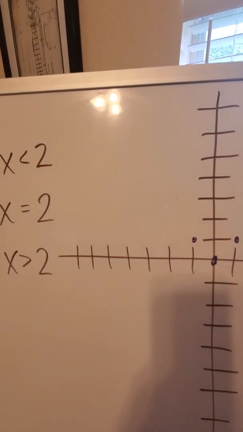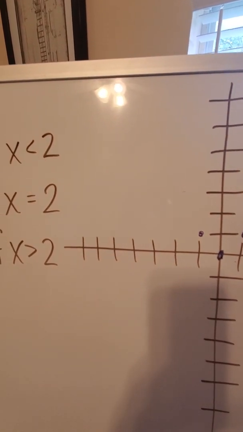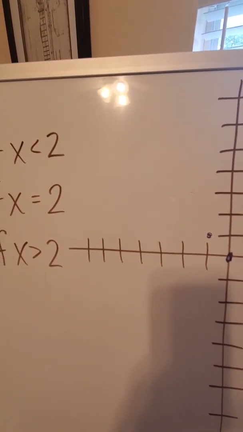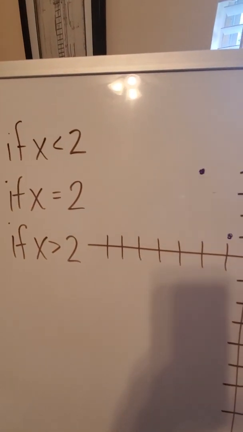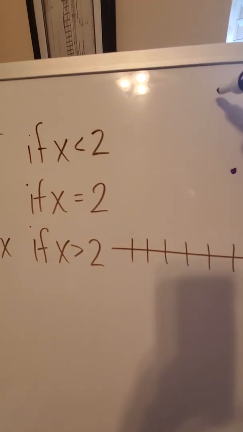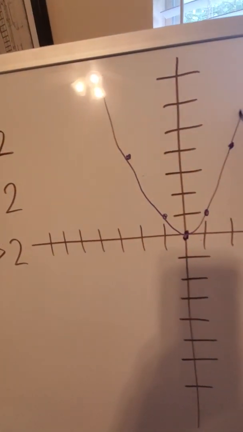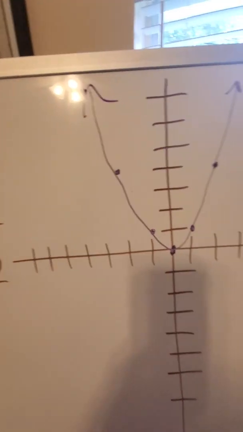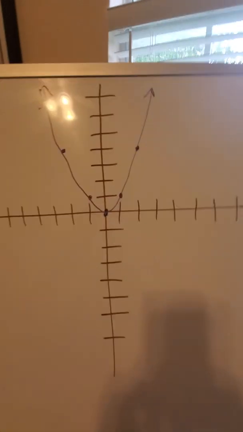If x is 2, then y is 4, because 2 squared is 4. We do the same thing over here, and that's why it ends up looking like a U. So here is a rough version of x squared.